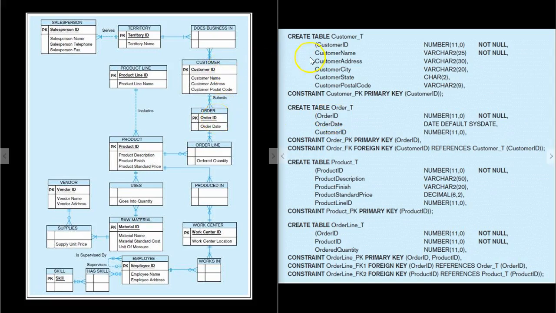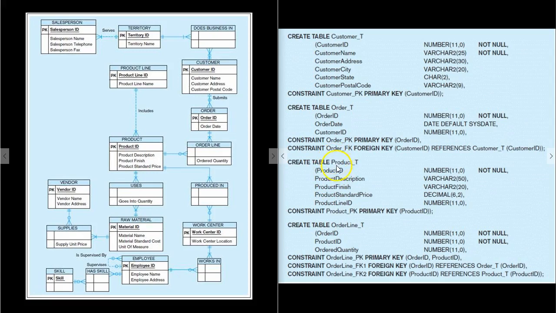And now you'll notice again that the primary key, customer ID, which is on the one side of that relationship, becomes the foreign key in the related table, in the order table, which is on the many side. So again, the primary key is on the one side, the foreign key is on the many side.